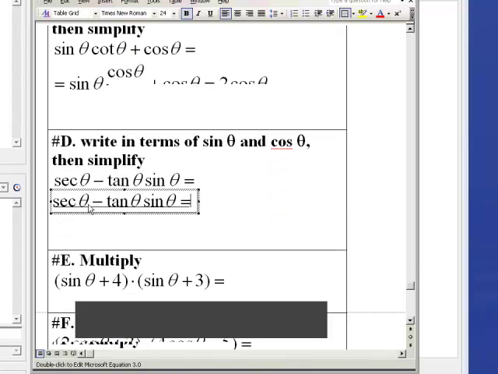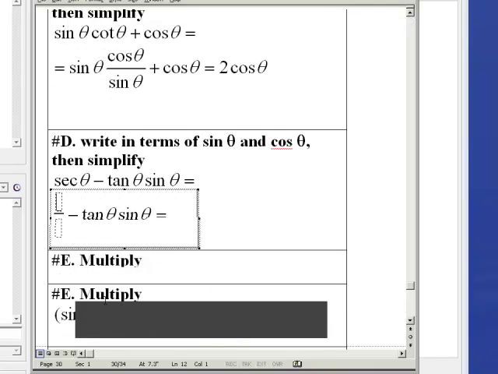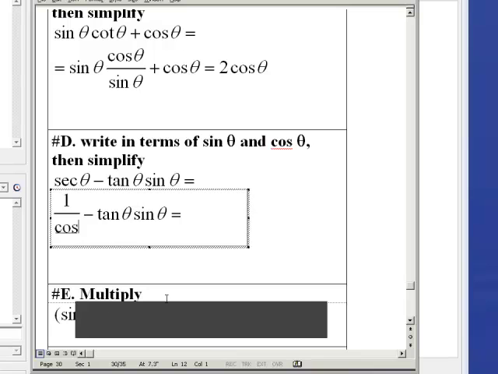Okay, secant theta is of course the same as 1 over cosine theta, and then tangent theta is the same as sine over cosine.